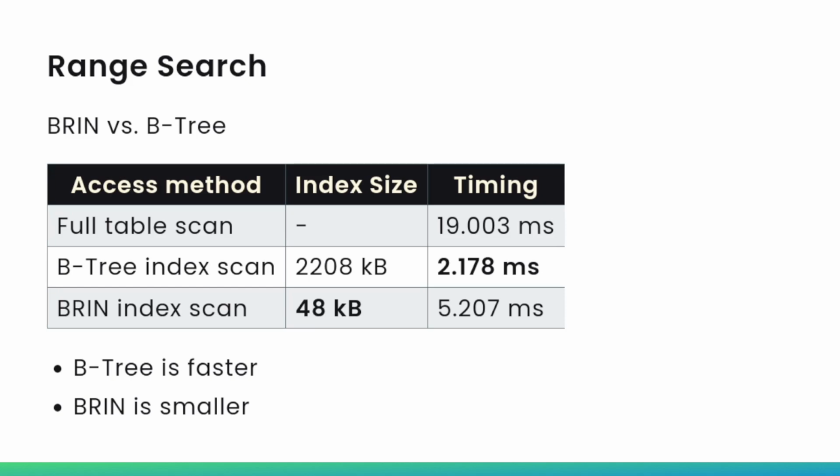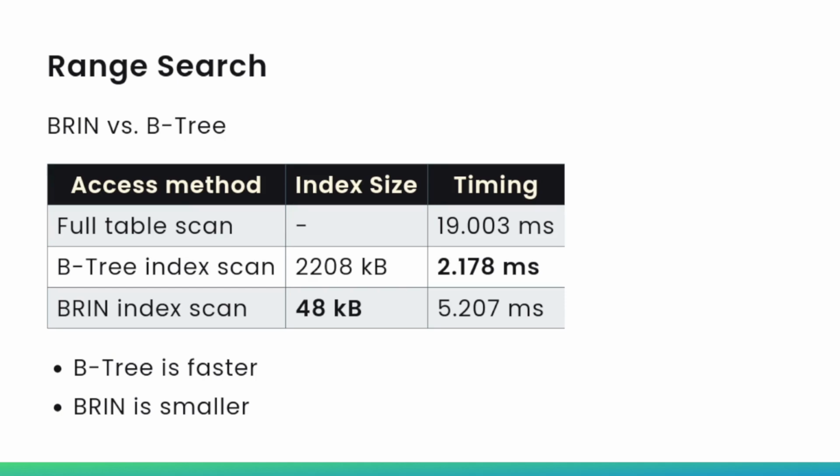But BRIN index is significantly smaller than a B-tree index, but the timing difference is not that significant. So basically, if I'm willing to pay the additional 3 milliseconds between 2 and 5 milliseconds, I'm able to save more than 2 megabytes of disk space on the B-tree index.